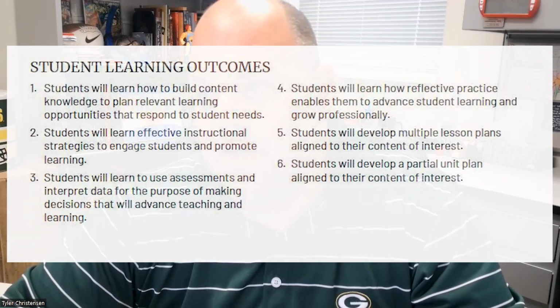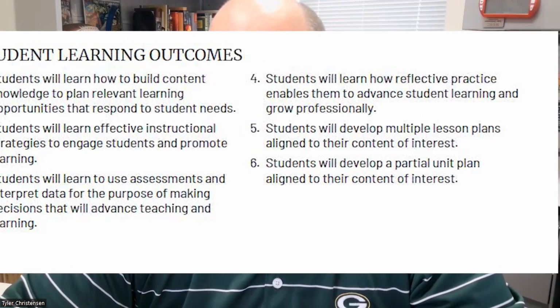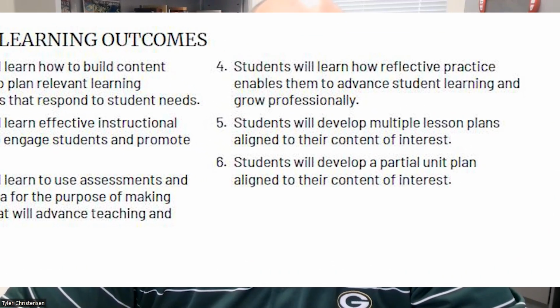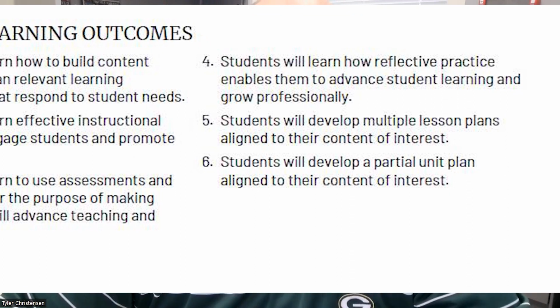And finally, the last learning outcome is students will develop a partial unit plan aligned with their content of interest. What we're going to do is create several lesson plans that go together as part of a whole unit. And it's not just that we're creating a lesson plan and having a unit planner for that, but we're going to do a mini case study where we look at a specific school district and what makes those students different, so we can differentiate instruction within those lessons.